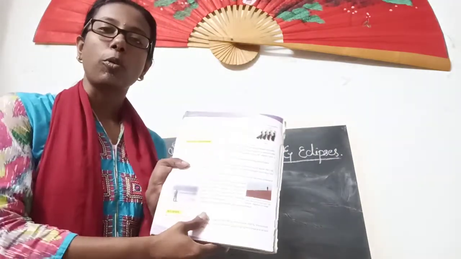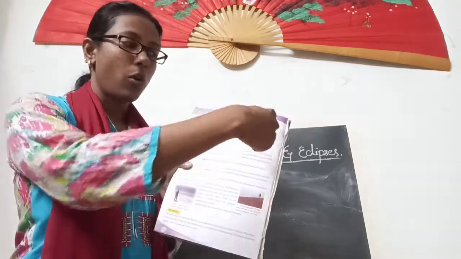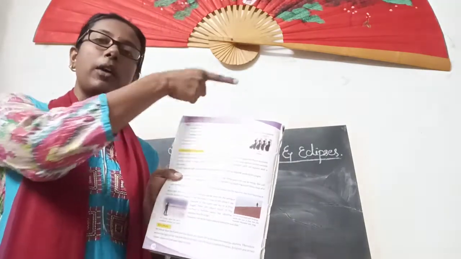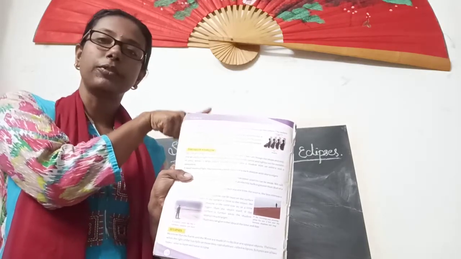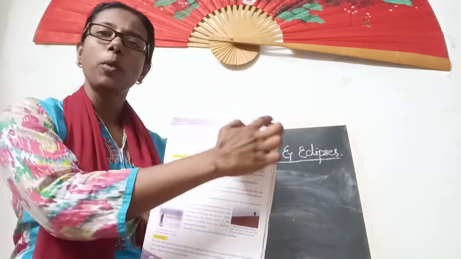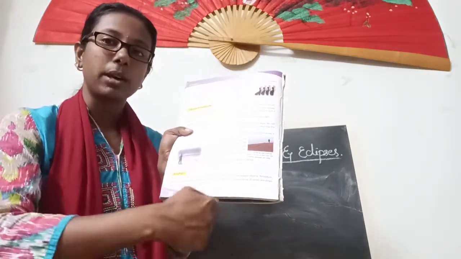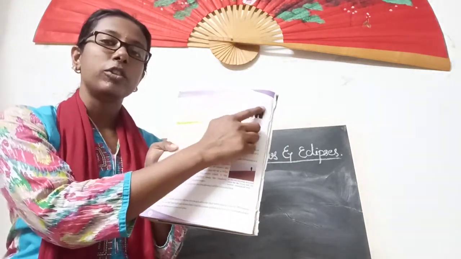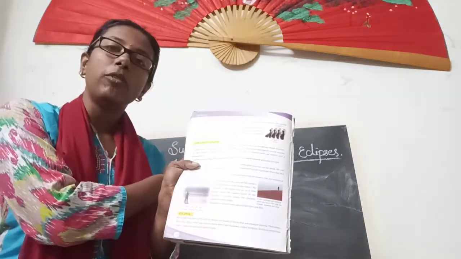Okay, what happens if this is an opaque object and there is a light source over here? The rays are falling all over the book. Also a few rays travel to the edges, the top part or the side part or the bottom part. The rays which fall onto the surface of the book, umbra will be seen behind.